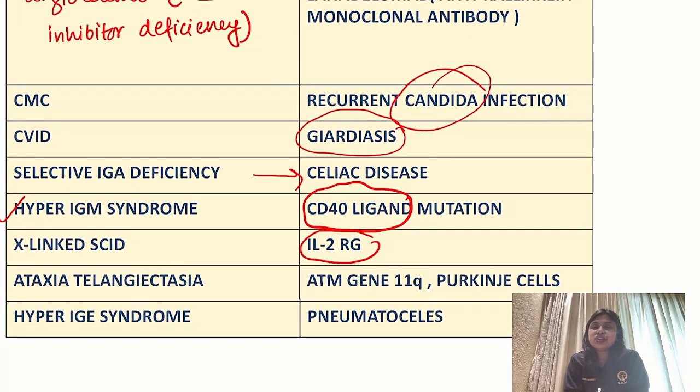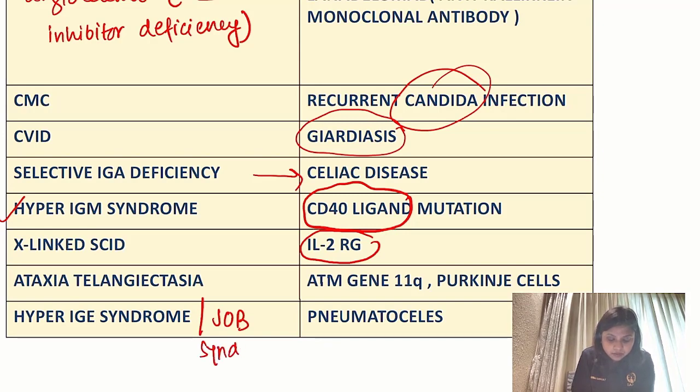We first talked about hyper IgM syndrome, which is a mutation in the CD40 ligand. Now next we are dealing with hyper IgE syndrome, also known as Job syndrome. Here you are going to get recurrent pneumatoceles.